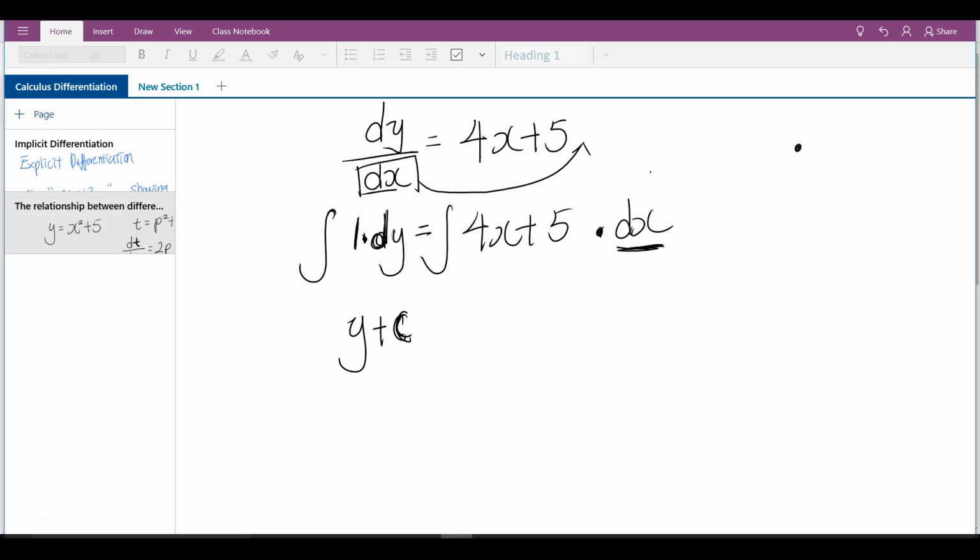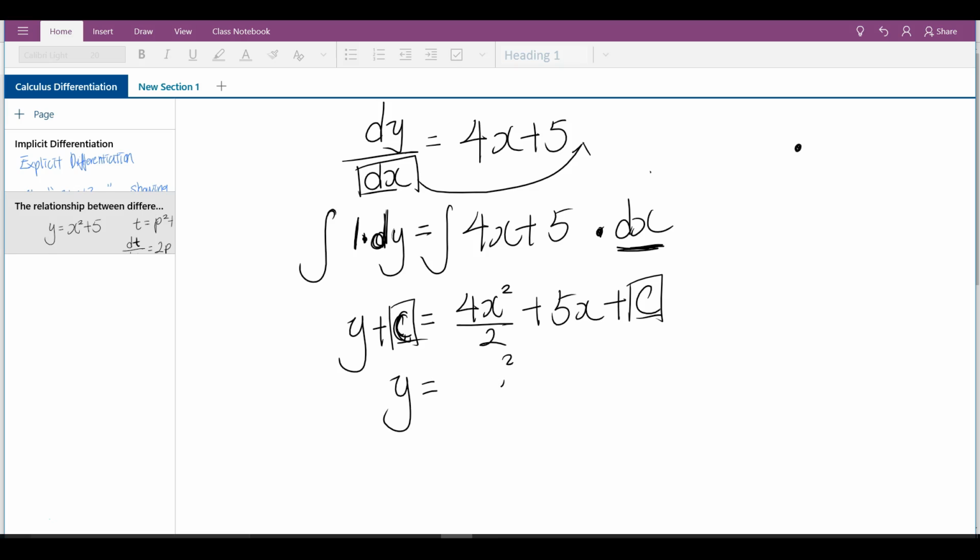So y plus c, and we integrate here whatever we get. We get 4x squared over 2 plus c. Again, we're integrating a constant or number with respect to a variable. Then we combine the two c's together because they're just some unknown constant.